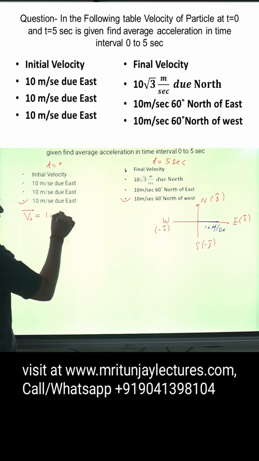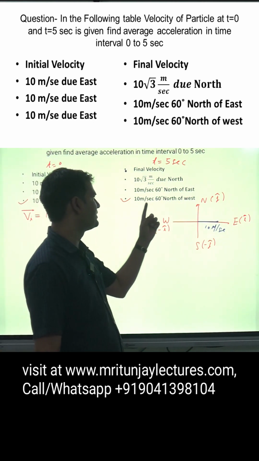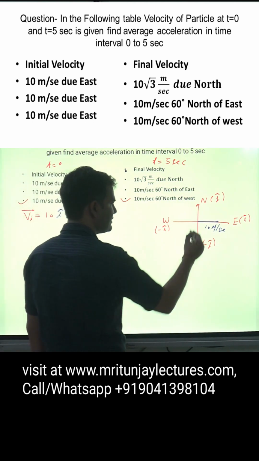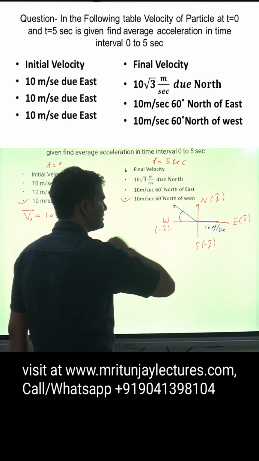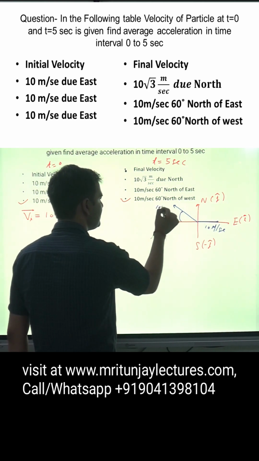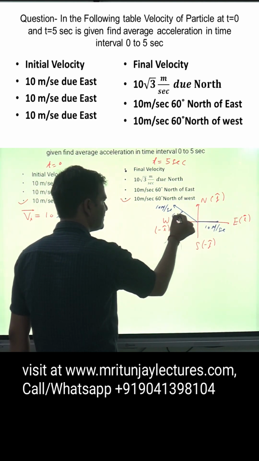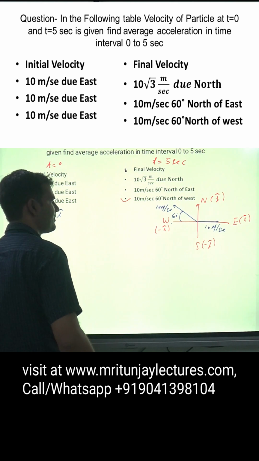So it is written in vector form as 10i. After that, 10 meter per second north of west. North of west means the actual representation is like this one: final velocity 10 meter per second, that is 60 degree. Here north, here west, that's why. Clear?